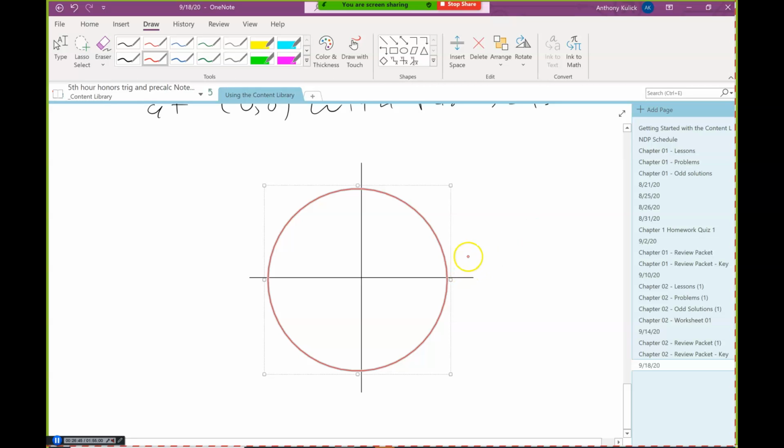How's that look to you guys? Did I get that centered pretty good? Does it need to be adjusted anywhere? Looks okay? Good enough for what we're going to do. It doesn't have to be a masterpiece of art. So my locations for P now are going to always be somewhere on this circle, right?